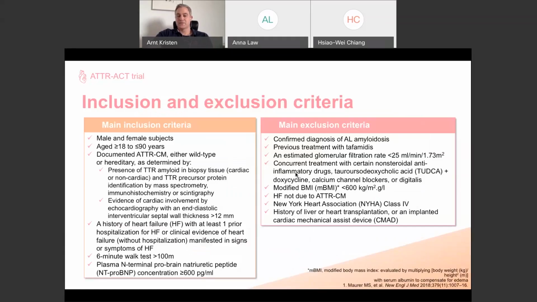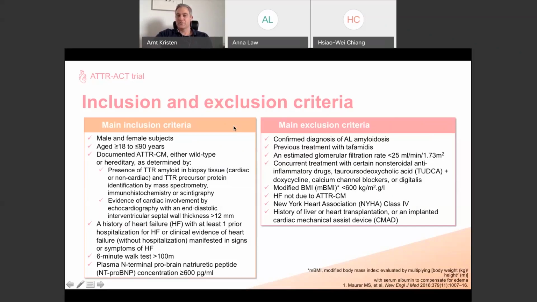They should be able to walk at least 100 meters in the 6-minute walk test, and they should have an NT-proBNP of higher or equal to 600 picogram per milliliter.